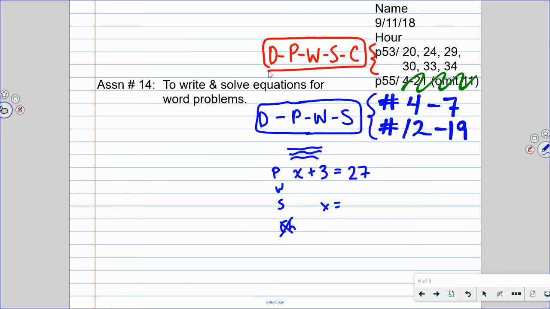Just don't write all the sentences down, okay? I'm going to write that here and circle it and slash it out. Do not write the word problem out. Just write the original equation and then your work, -3 on both sides, and then your answer. And again, for page 55, you are not asked to check it.